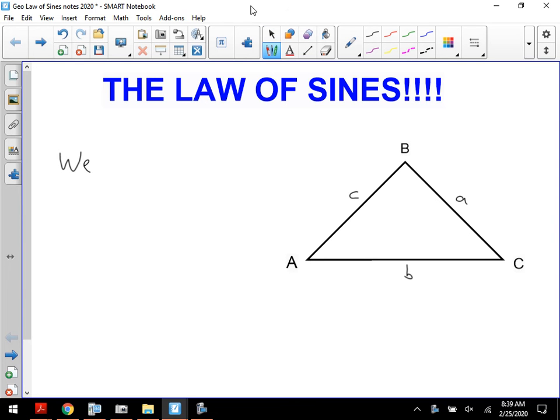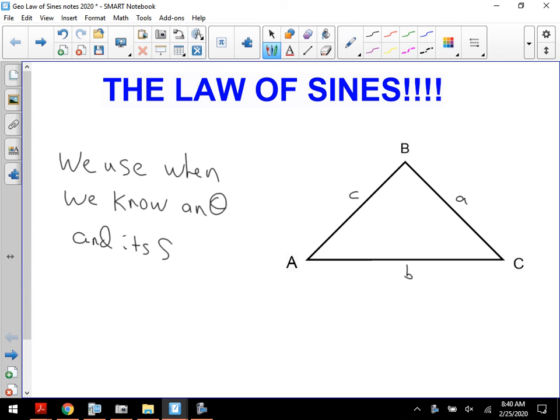We use it when we know an angle and its side opposite.